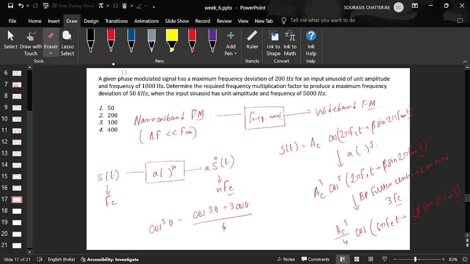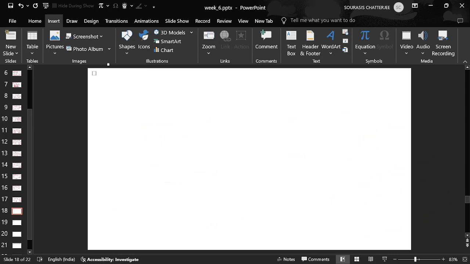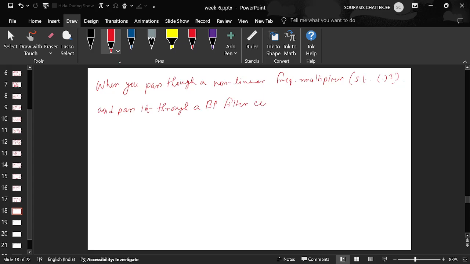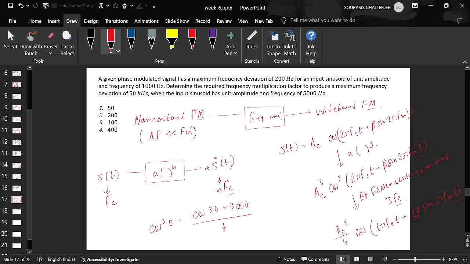So now what is happening, when you pass it through a non-linear frequency multiplier such that this cube, and pass it through a band pass filter centered around 3 fc, it is going to block the content that this 3 cos theta corresponds to, while the other term will remain, cos of 2 pi fc t.